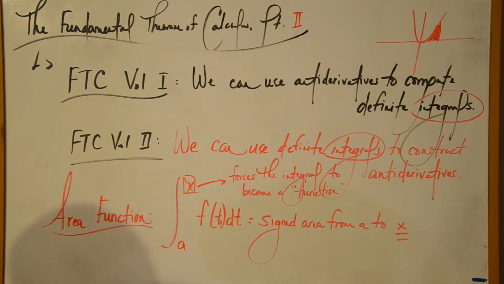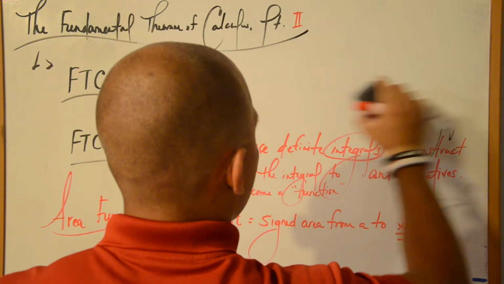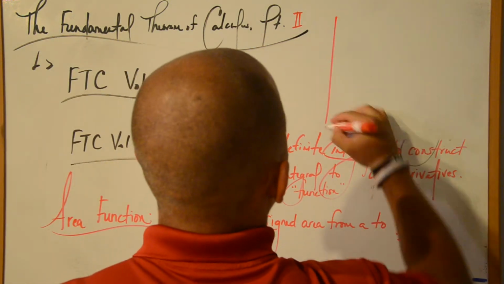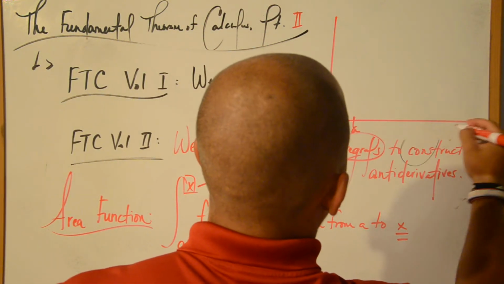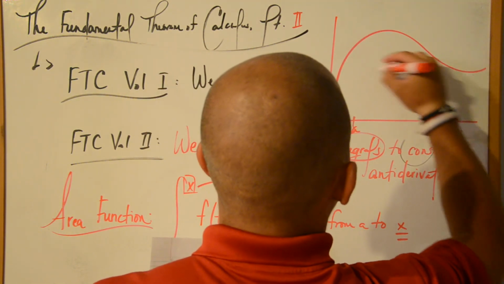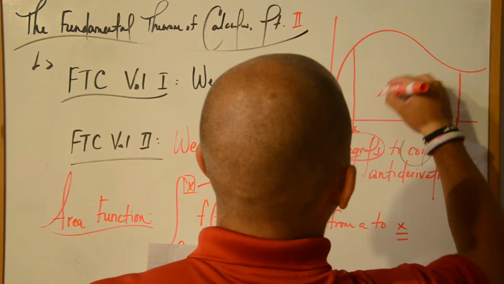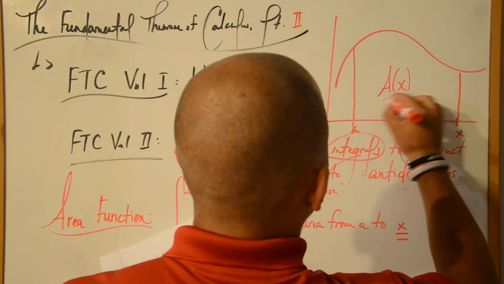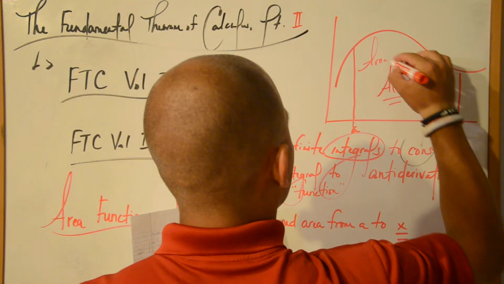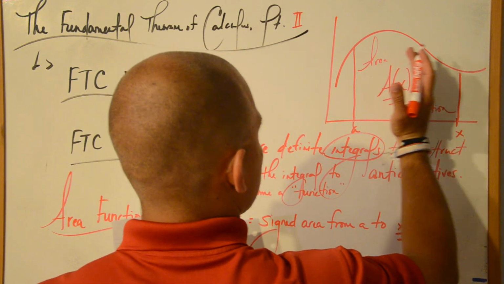So if we were to erase this, let me give you a better diagram. We had some function, and here's a, here's x. The antiderivative is our area function, because this essentially becomes like a slider.